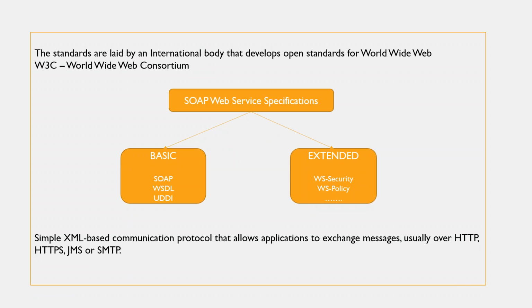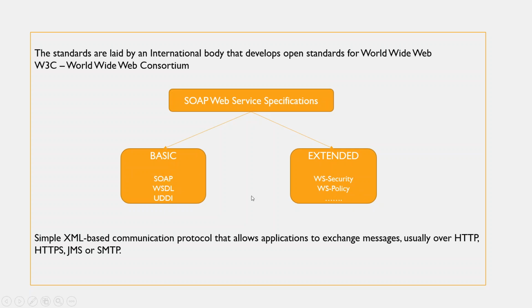There is an international body that develops open standards for the World Wide Web called W3C, the World Wide Web Consortium. These rules are the SOAP web service specifications, which are of two types, basic and extended. The extended ones are used for enterprise level. Under basic, we have SOAP, WSDL, and UDDI. We'll discuss all these three.